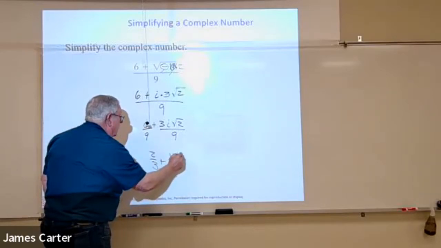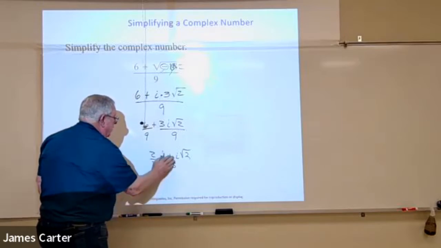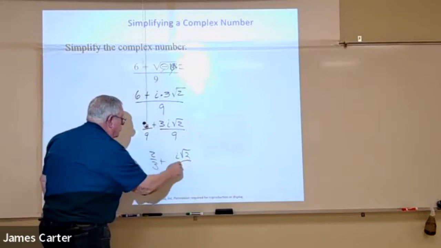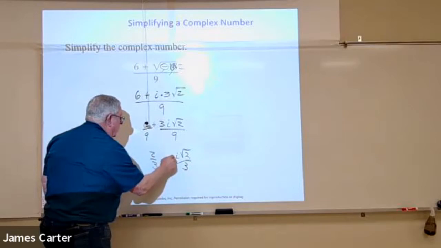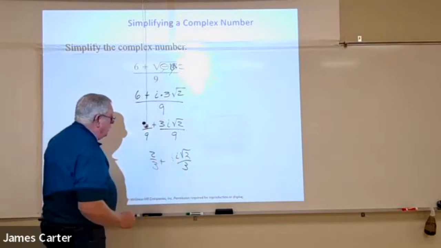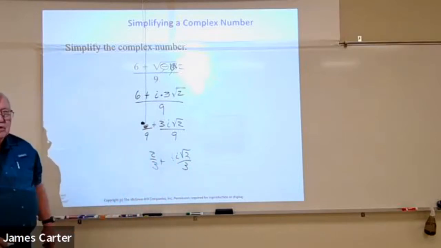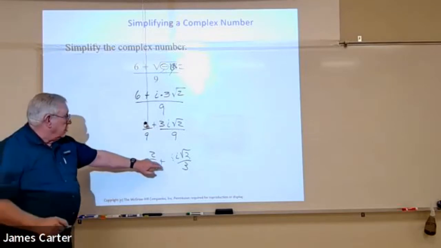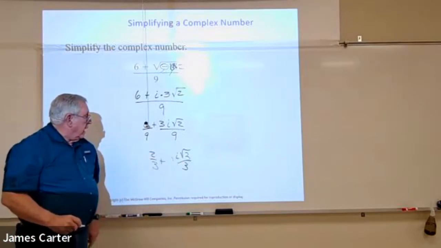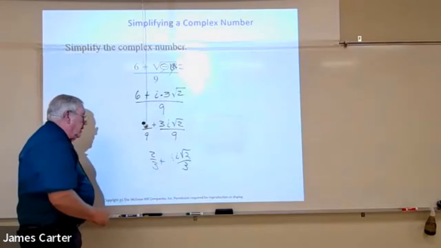i radical 2. Well, do you need that 1 there? No, so I would just show it this way. I'll put that 1 hidden there, just so you'll know it's there. But 2/3 plus i radical 2 over 3.